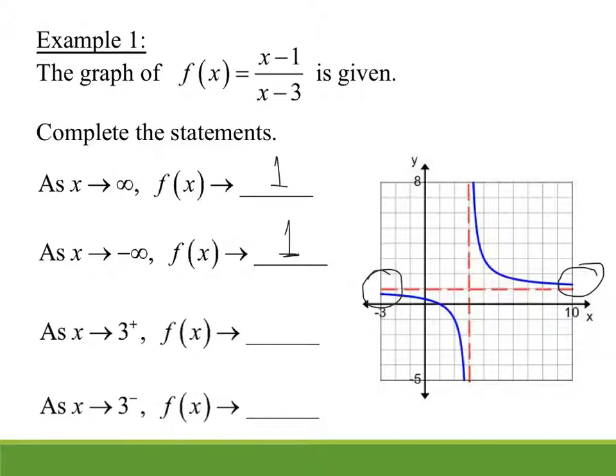As x approaches 3 from the positive side, we're going from this direction up to 3 from the positive side, we notice that f of x is approaching infinity. As x approaches 3 from the left to the right, we see that we're going to negative infinity.